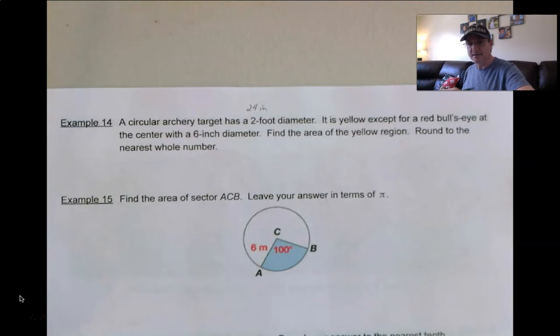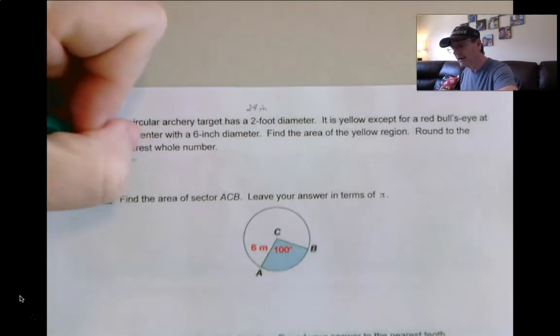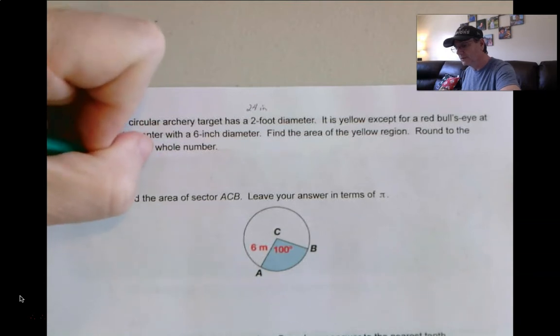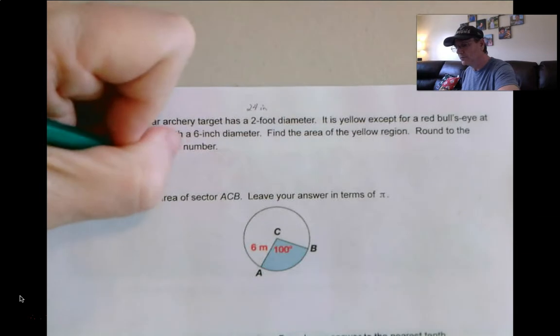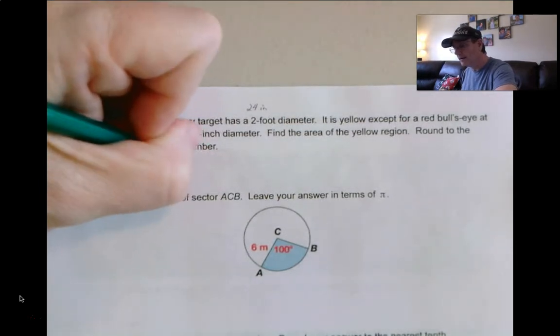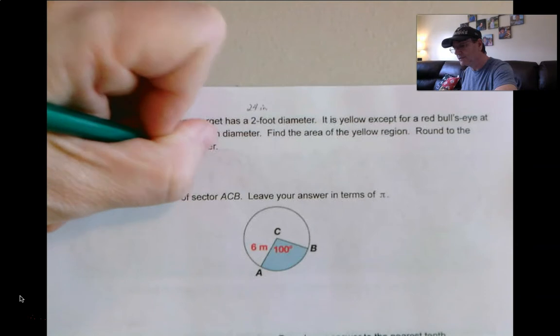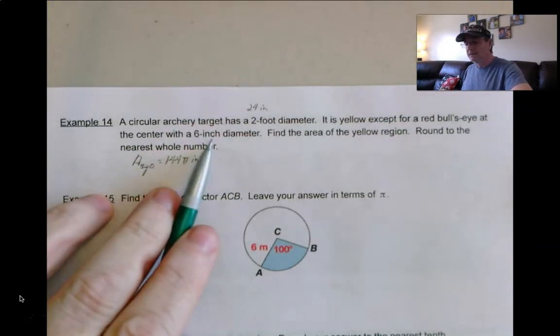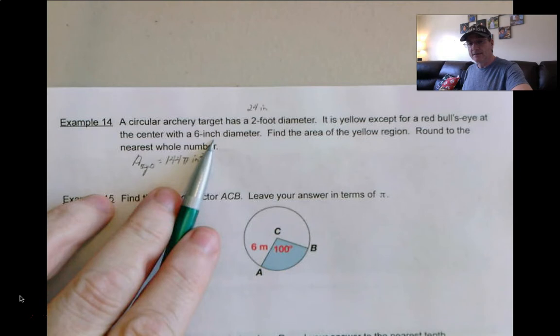So a 2-foot diameter is really a 24-inch diameter or a 12-inch radius, giving me an area of the big circle equal to 144 pi inches squared. The 6-inch diameter is a 3-inch radius.